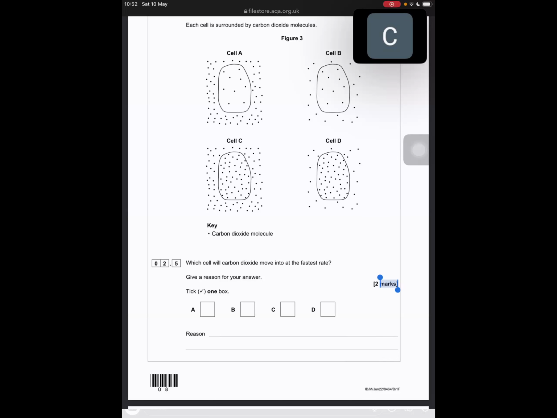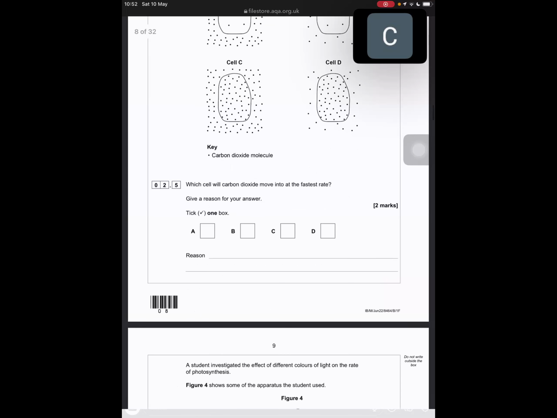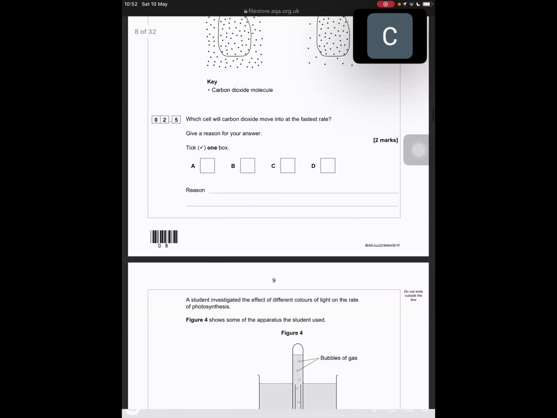Steeper diffusion gradient, bigger difference in concentration of carbon dioxide inside and outside the cell, high concentration of carbon dioxide. Okay, so it agrees with us in terms of A, right? Yes. Okay, perfect. So that's it. The difference in the concentration, the high difference.